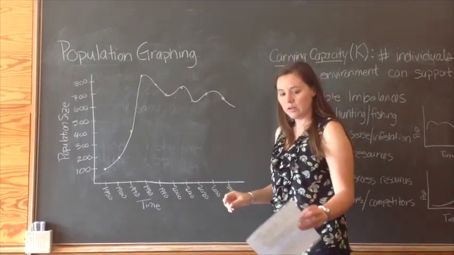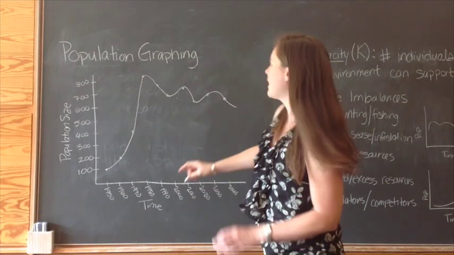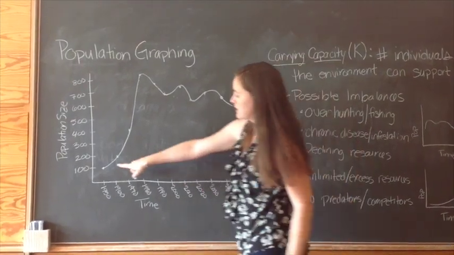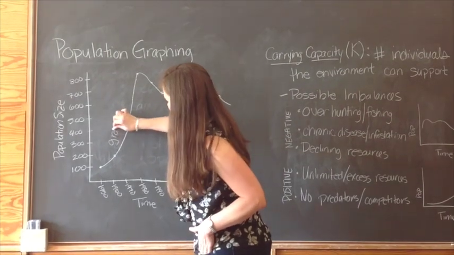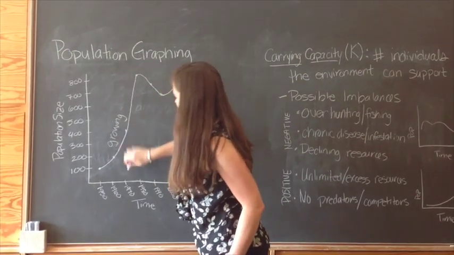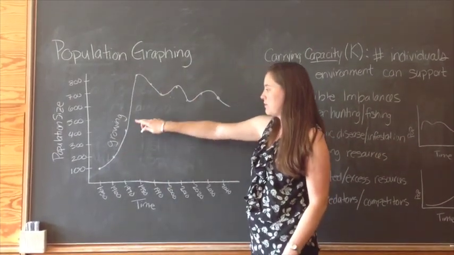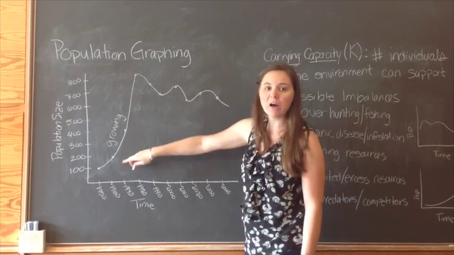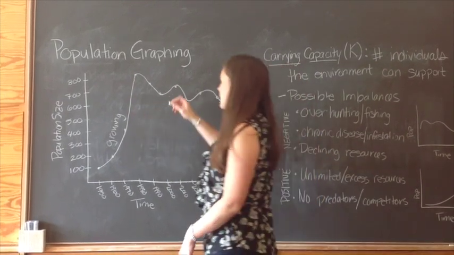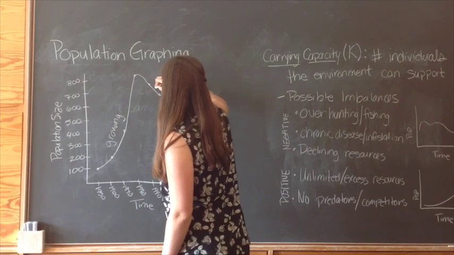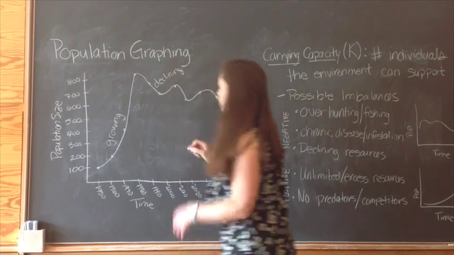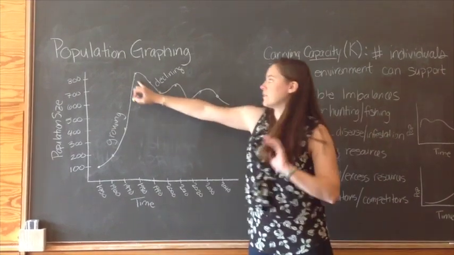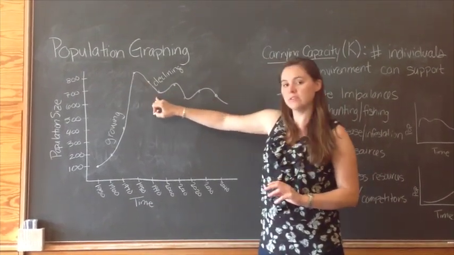Okay, so in our graph, now we can analyze it. We can see here that our population is growing. We can tell that because the population is increasing over time, and we have a positive slope to the line. And then over here we have a declining population, where the slope of the line is negative.